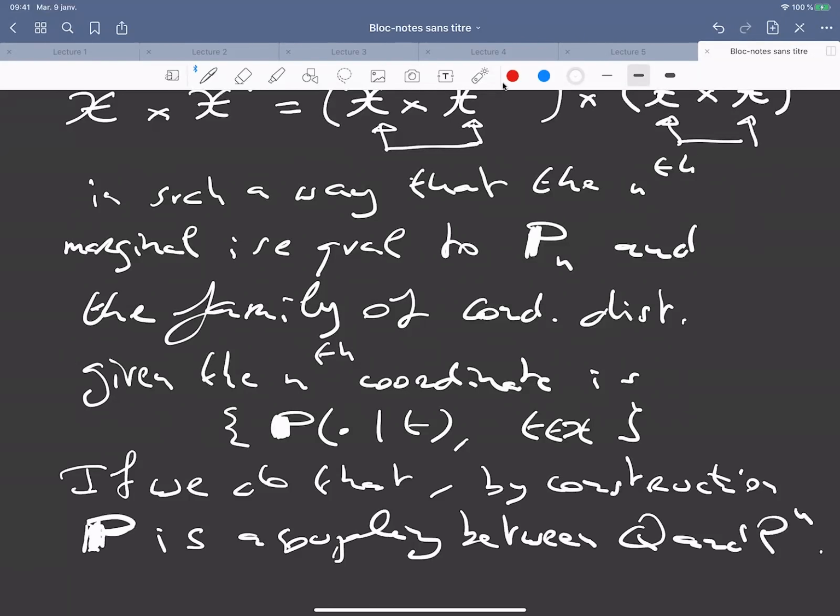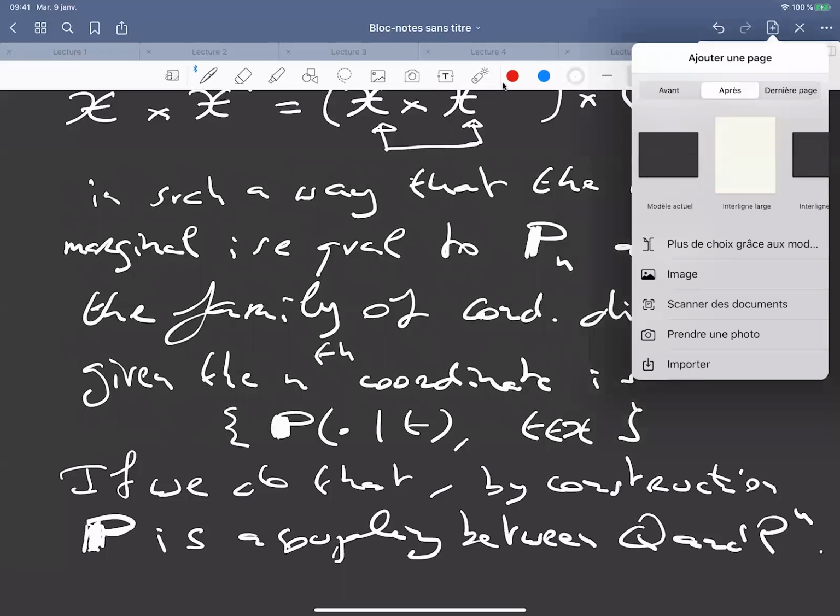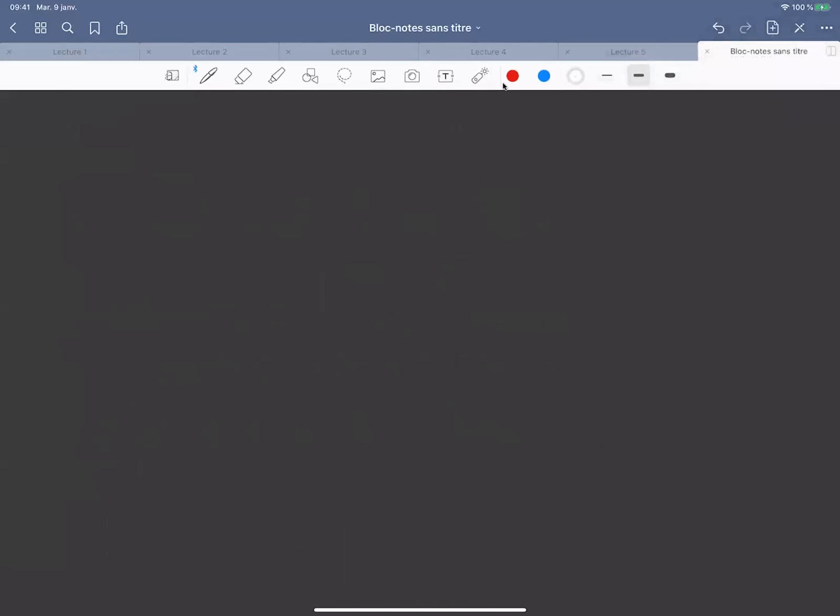Everything has been done to produce that because you have a construction which is consistent with the conditional and the marginal distribution. Everything has been done in order to be consistent in order to get an actual coupling.